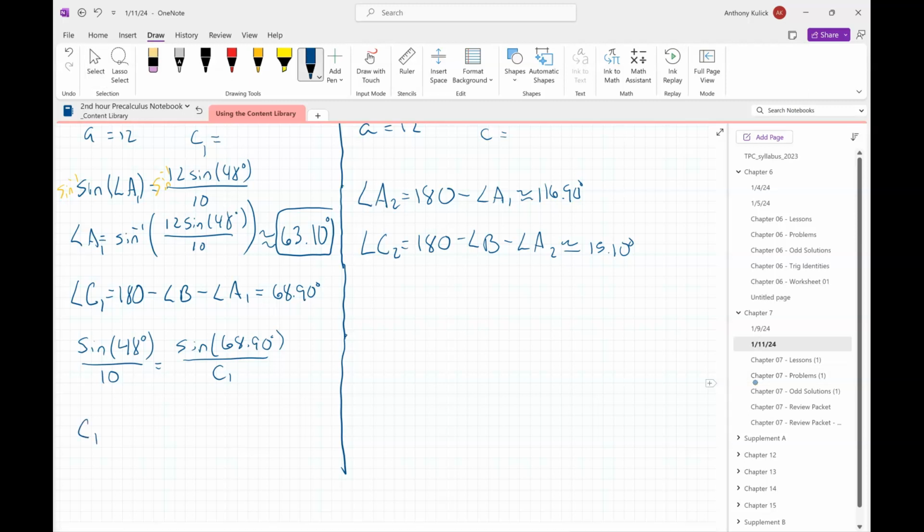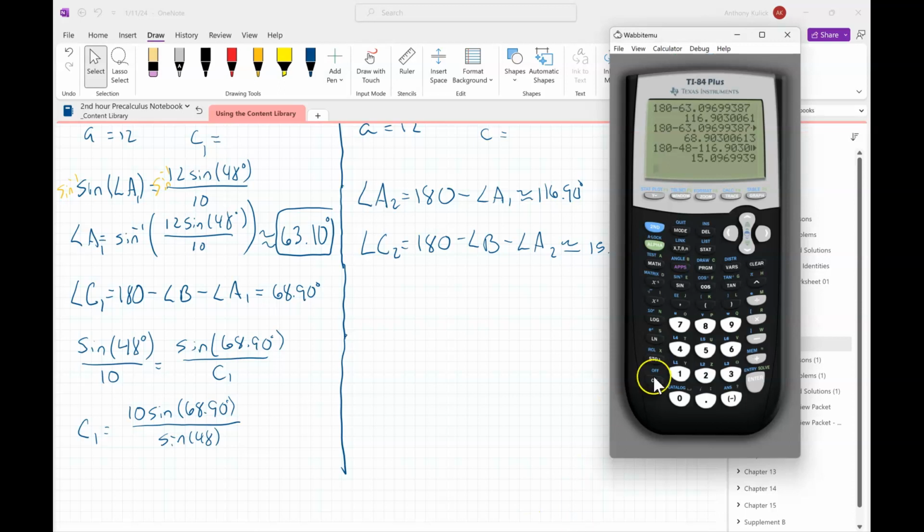I cross multiply and divide. And then I'm going to just grab that answer. So I get 12.55.